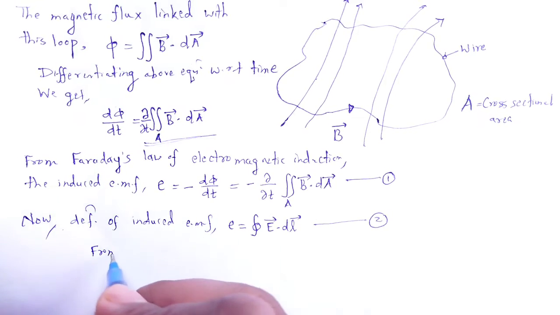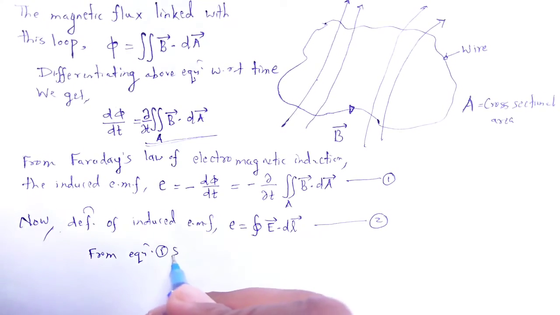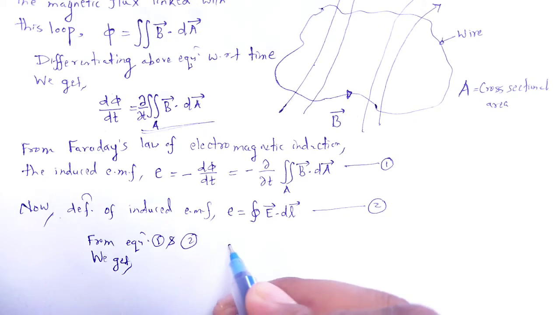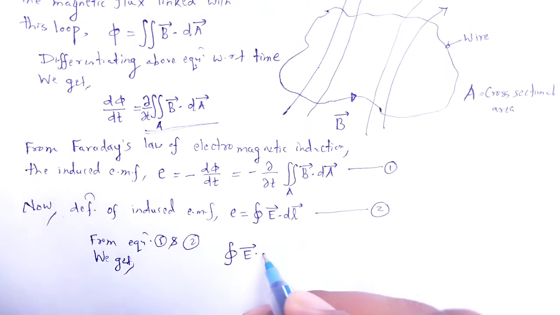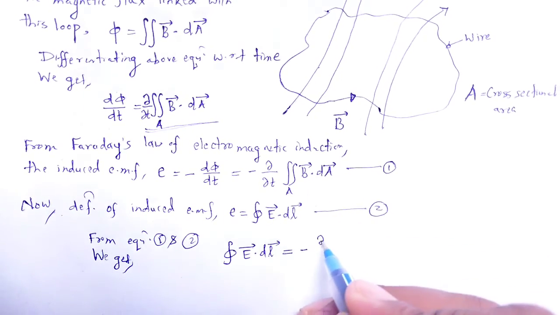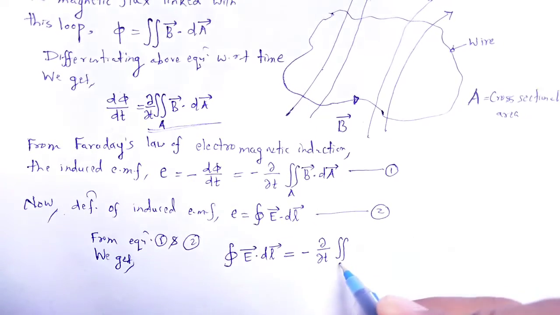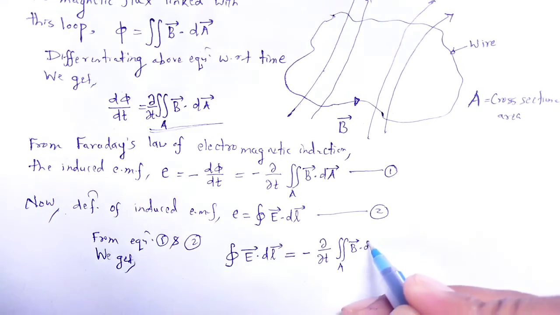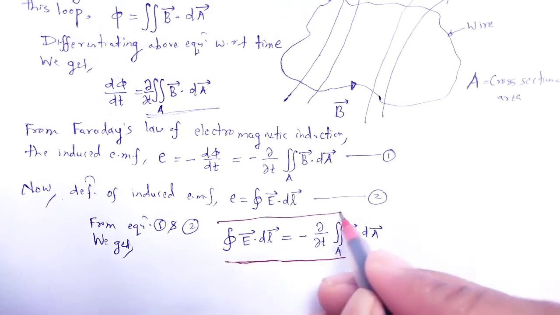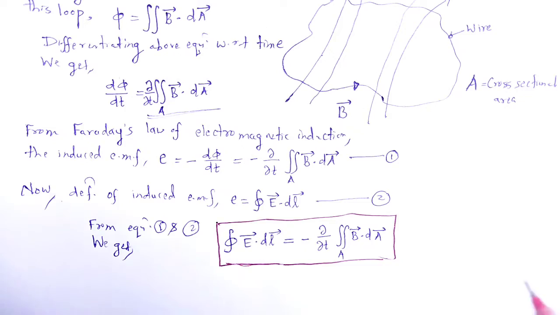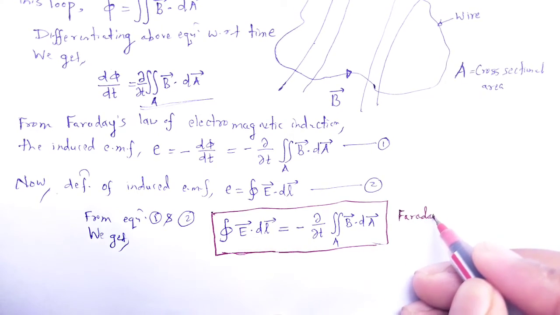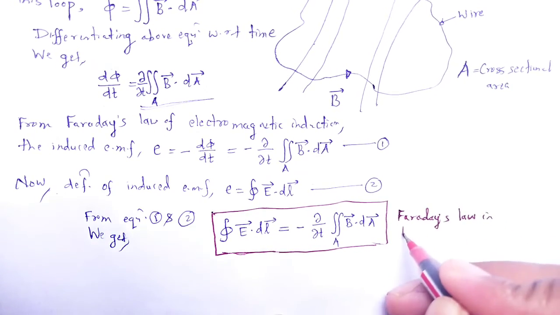From equations 1 and 2, we get the closed line integral of E dot dl is equal to minus del by del t of the area integral of B dot dA. That is Faraday's law in integral form.